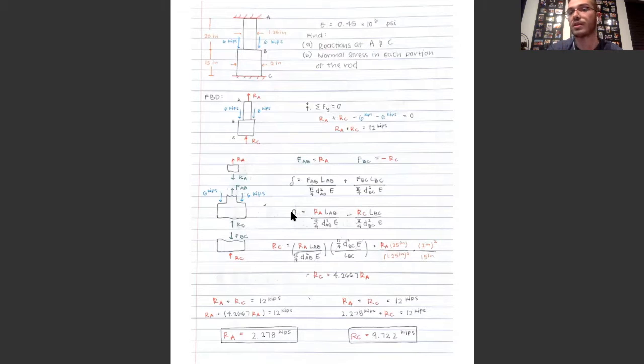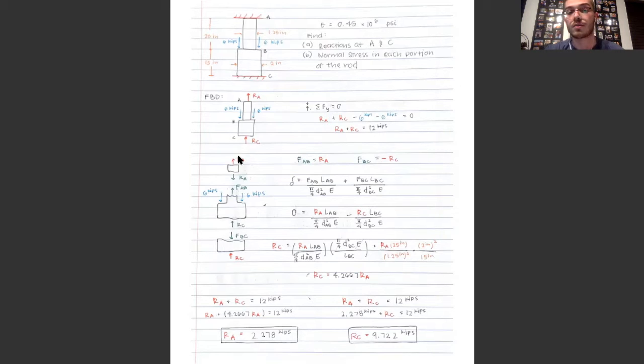So we can write that the reaction force at A plus the reaction force at C minus the two 6-kip loads equals 0, which can be rewritten as the reaction force of A plus the reaction force of C equals 12 kips.